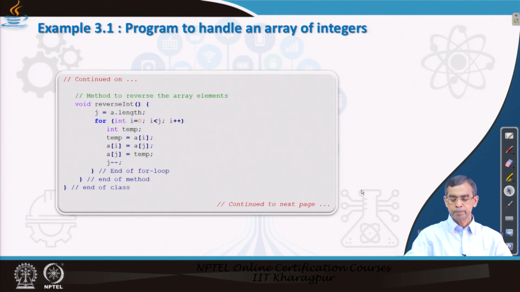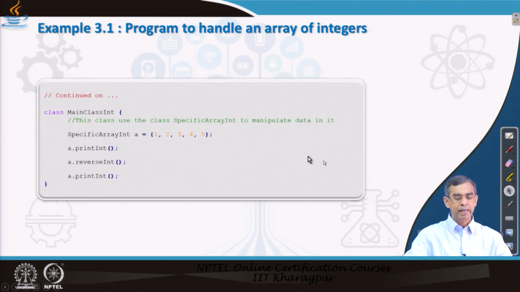And finally, the main method, which will look like this. Just here, as we see, we declare an array A, then we call this object A for the print method to print the elements of the array A, and then this is the reversing of the elements, and then again after reversing, printing the array elements.